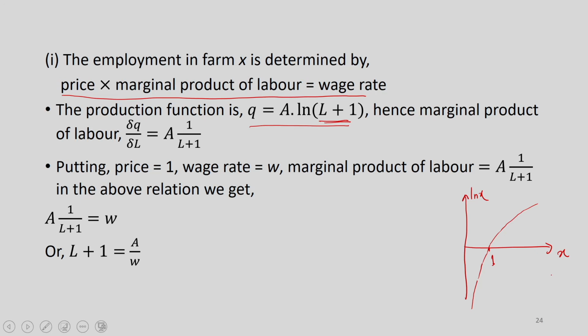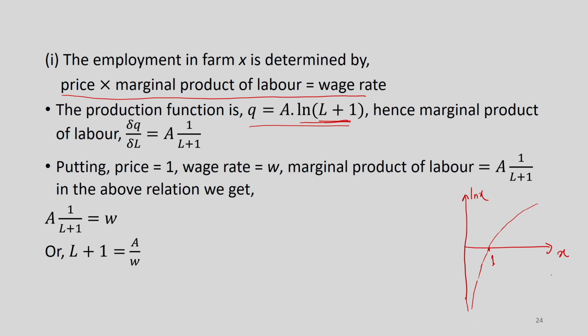Now, if I had taken log of L, then it would have been very difficult to interpret this function, because that would have meant that if labor is less than 1 but greater than 0, then output is negative, which is difficult to justify, or it is difficult to justify why if you have labor employment 0, the output is minus infinity. Okay.